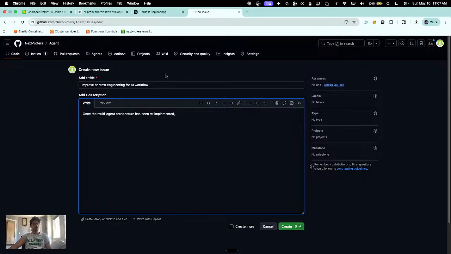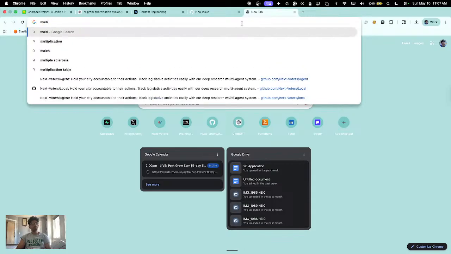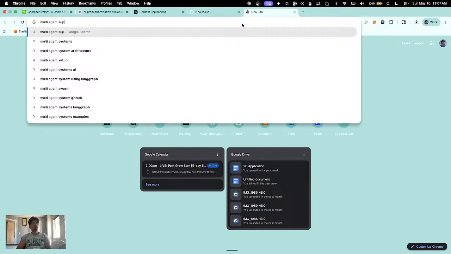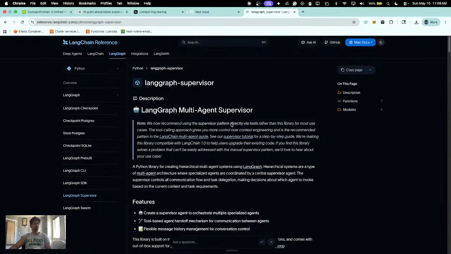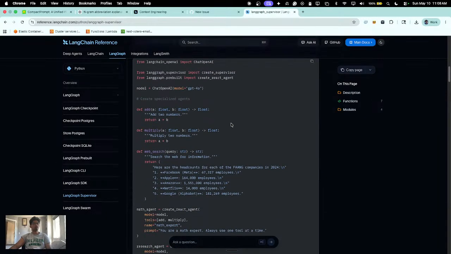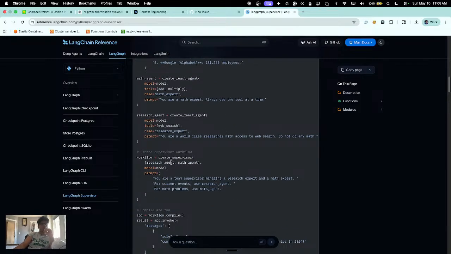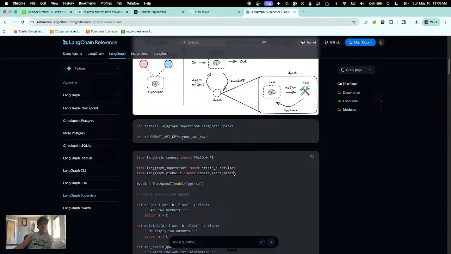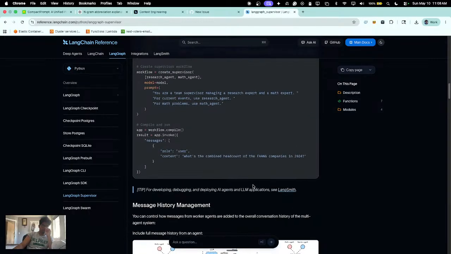I mean, it works, but I feel like the way it's being built is not the best or most optimal approach. Oh, so wow, we could just use a supervisor-like abstraction.